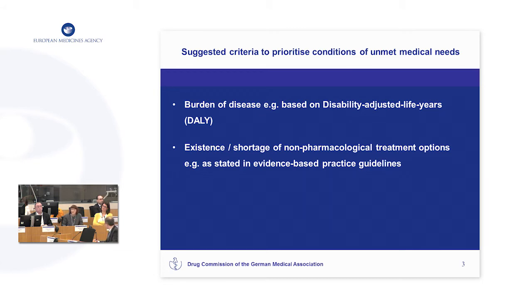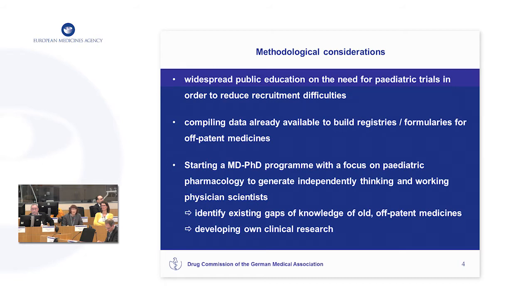And to collect these data, if there are non-pharmacological treatment options, you could, for example, look at what is stated in evidence-based treatment guidelines or other sources of evidence-based medicine as a second criterion. And last, I would just shortly go to some other methodological considerations which have been already mentioned.